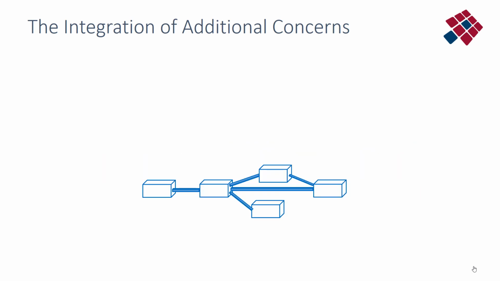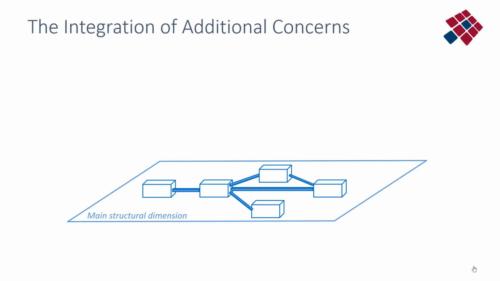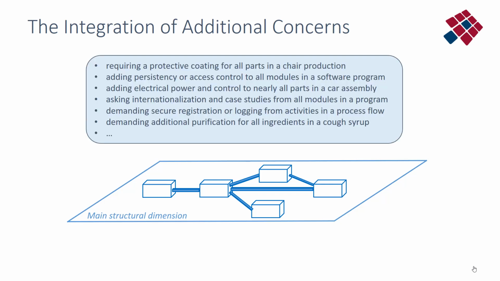So here it kind of looks like rooms in a construction. It could be software modules. But when we have such a hierarchical structure, first we only see the main structural dimension. It is actually just one dimension. But then you need to add other concerns, other dimensions, like water and electricity in construction or access control, persistency, robustness in software.